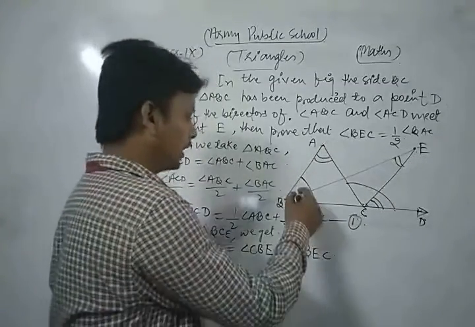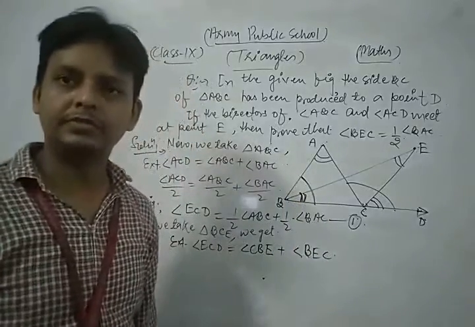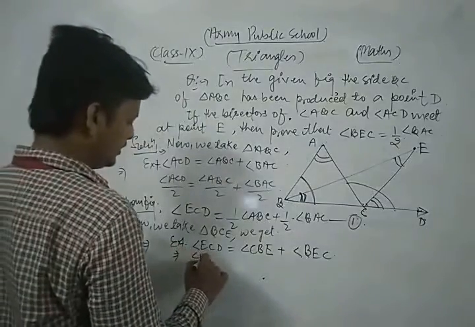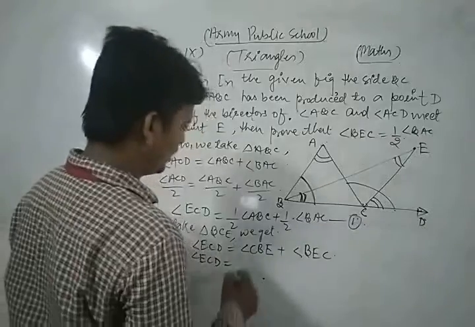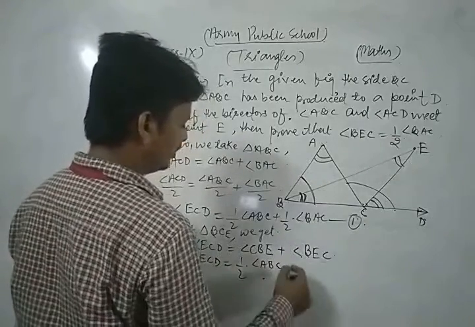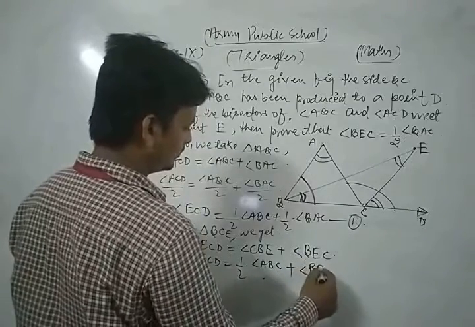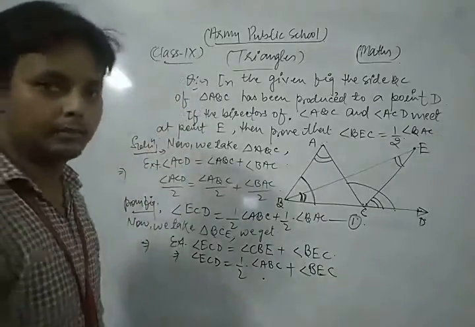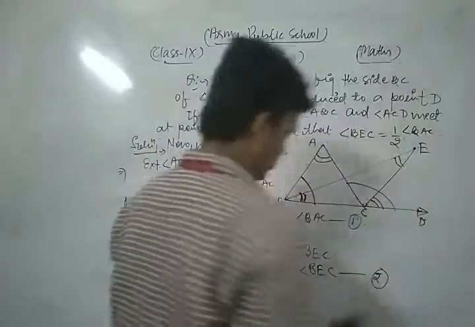So we can write angle ECD is equal to half of angle ABC plus angle BEC. We take this as equation number 2.